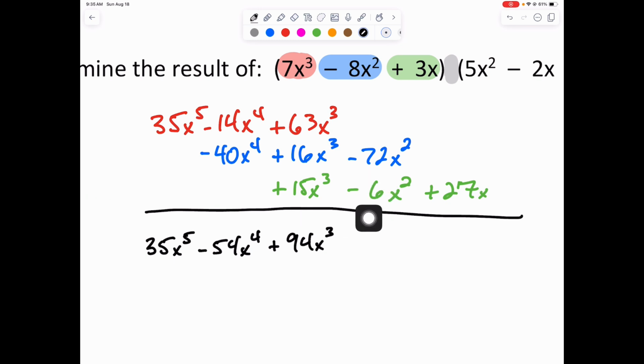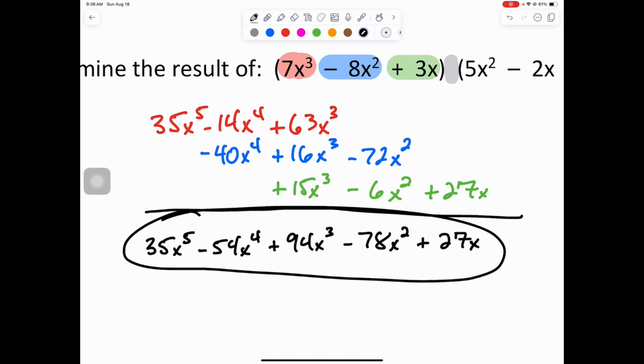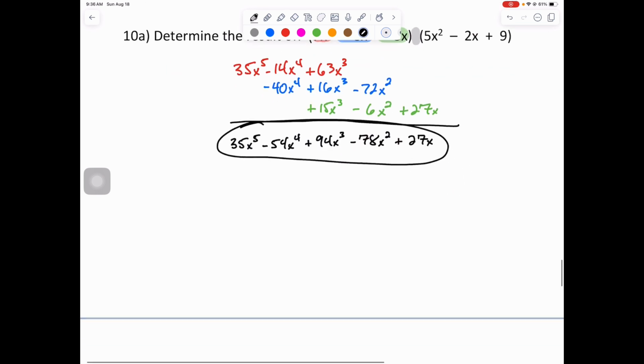Negative 72 minus another 6. Well, now you owe me 78, so minus 78x squared. Drop down that plus 27x, and everything looks aligned and organized. Go ahead and circle your answer. Yes, some of my 7s I do it for, and some I don't. I noticed that earlier. Beautiful.